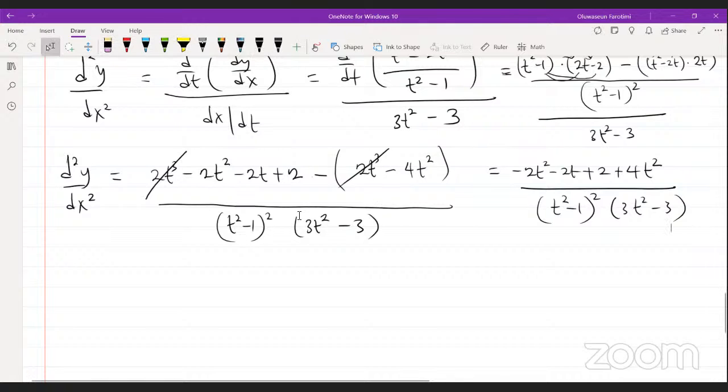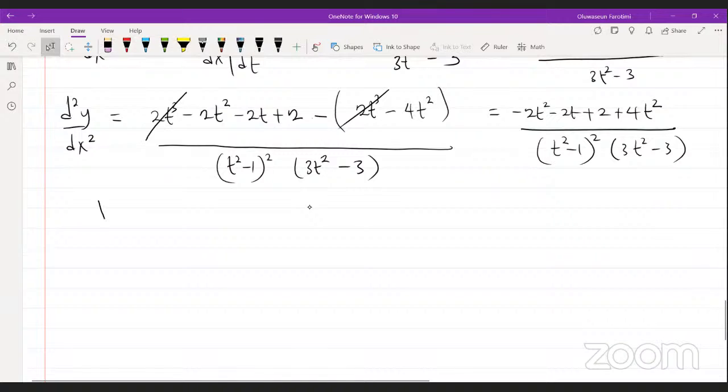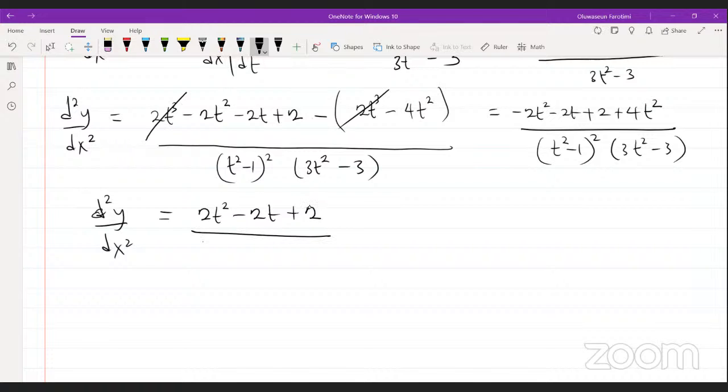Okay. The second derivative, guys. Negative 2t squared plus 2t squared plus 4t squared, you get a 2t squared minus 2t plus 2, all divided by t squared minus 1 squared, 3t squared minus 3.